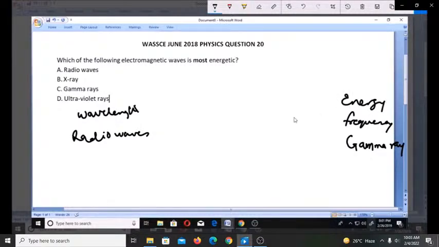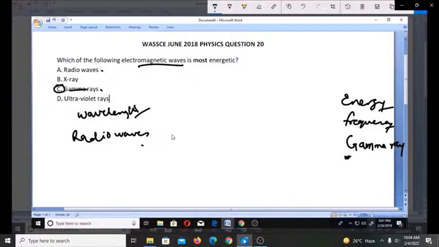So you can check the properties of the electromagnetic waves in terms of their wavelength, energy, and frequency. So these are the two in the two extremes. So it can either be gamma rays or radio waves. Well, from what I just showed now, the one with the highest frequency, which is gamma rays, is very energetic. So the answer to this is gamma rays.